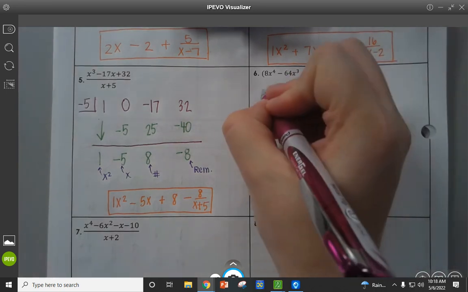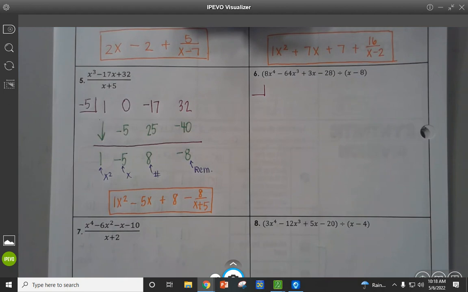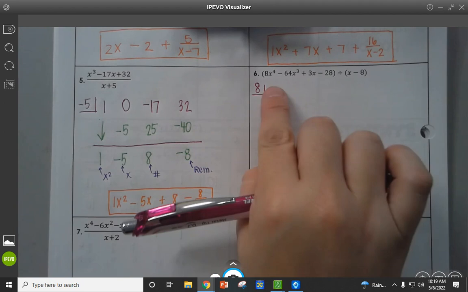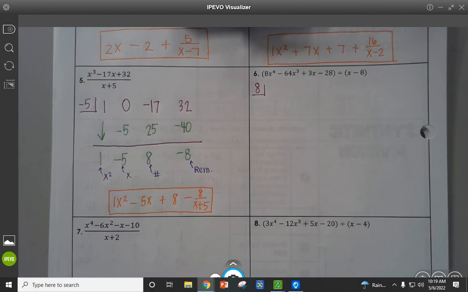Number 6. What goes in my corner box? 8. Go ahead and fill out the numbers across the top. What are you missing?